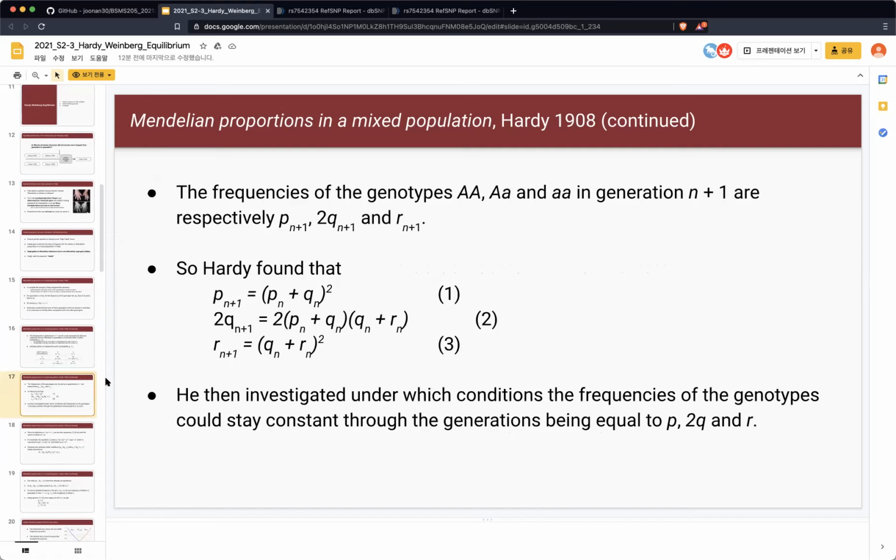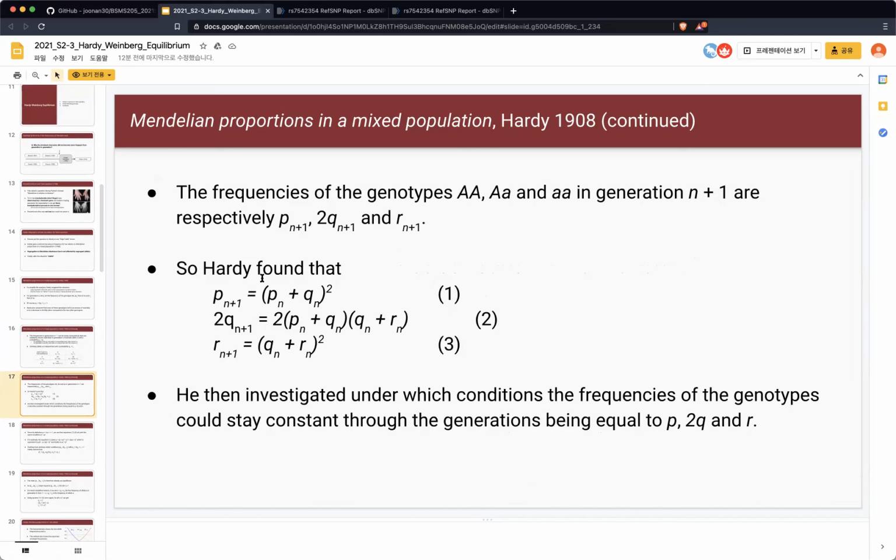Then we can put the probabilities of the three genotypes into Hardy's first assumption, which gives Pn+1, 2Qn+1, Rn+1.